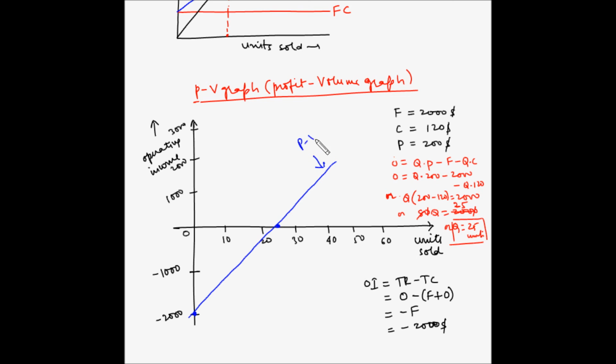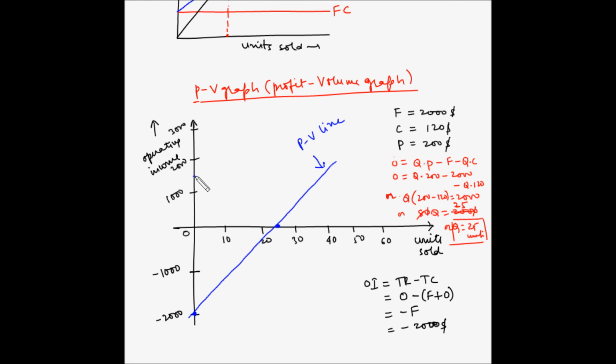So this is the PV line. Now we can use this line in order to find out the number of units to be sold in order to earn a targeted operating income. So let's say we want to earn a target operating income of $1,500.